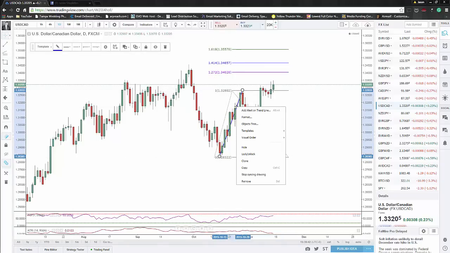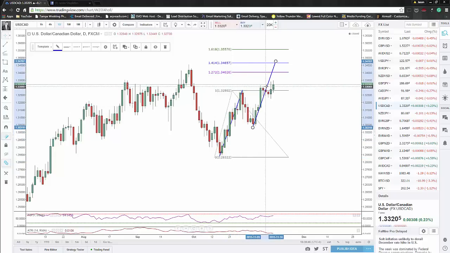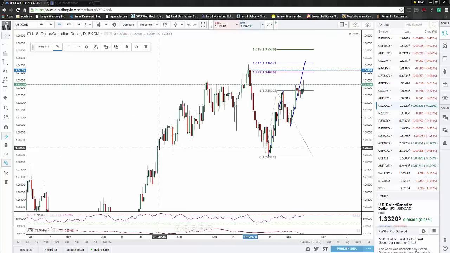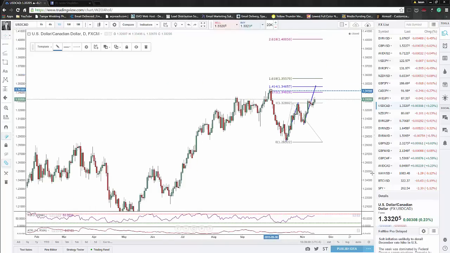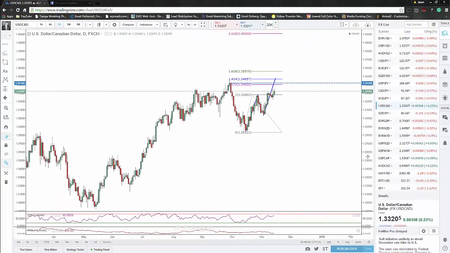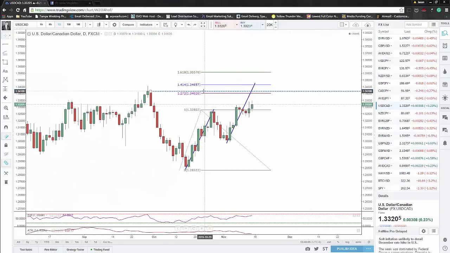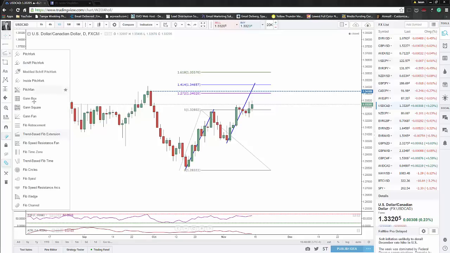So if I go ahead and just clone this and then grab it and drag it here, what you're going to see is this 127 extension. Between the 127 and the 1414, we're going to have an AB equals CD move back up into previous structure resistance, okay? Now, ABCD moves are not always perfect, but it's a pretty decent spot here to maybe be looking for a shorting opportunity.